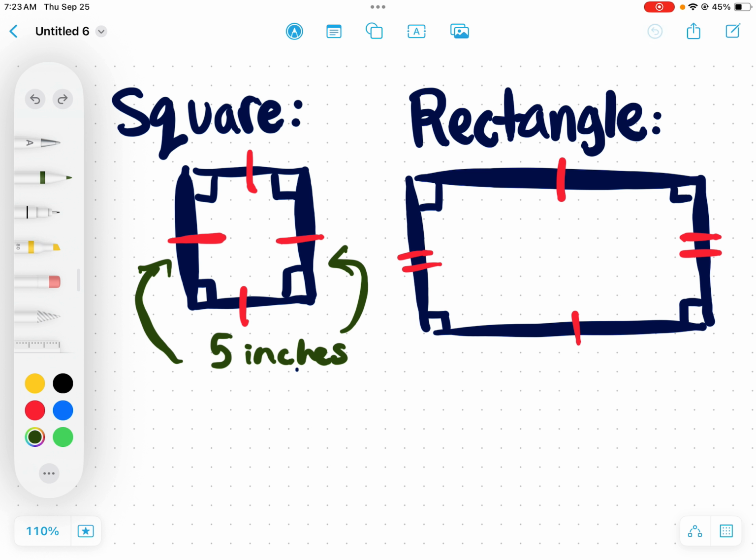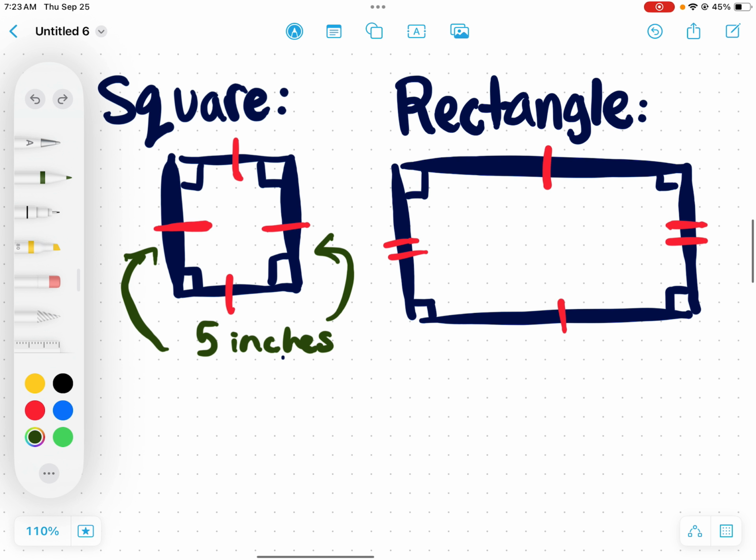That's what these little tick marks represent: every side that has the same number of tick marks is going to be the same size. And the other thing we know about squares is that they have those four right angles.